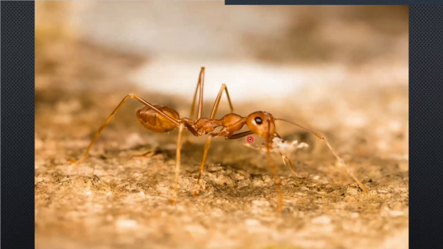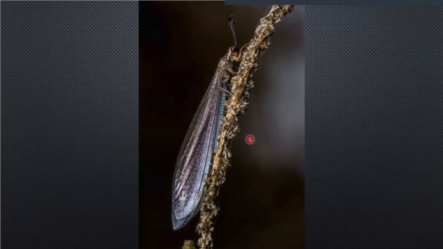Now I'll show you another picture, which is this. Now this is using a flash. So I have put the flash, and this antlion, which has now become a lacewing. Remember those antlions in the sand where we used to play around? That becomes, as an adult, a graceful insect.